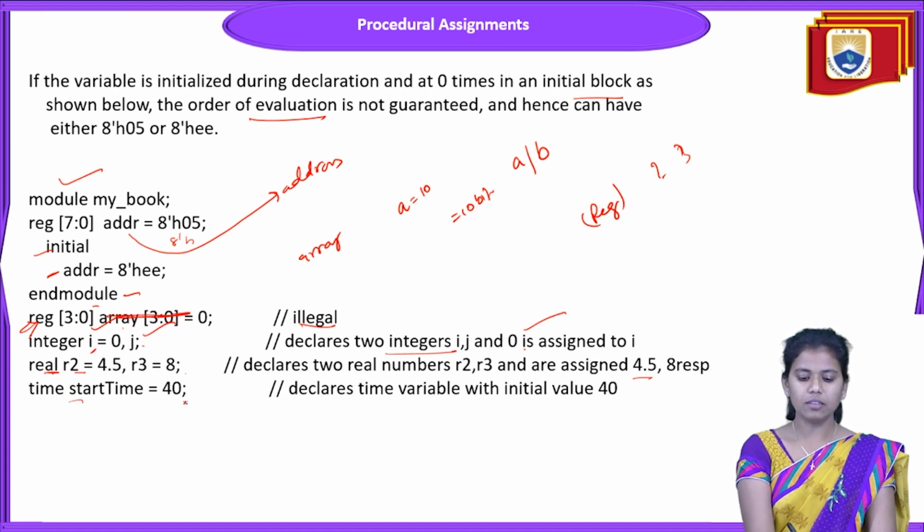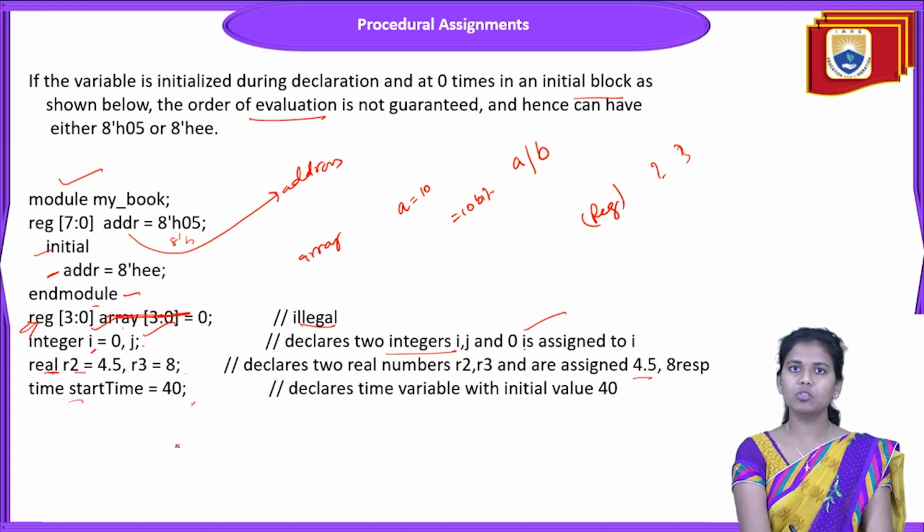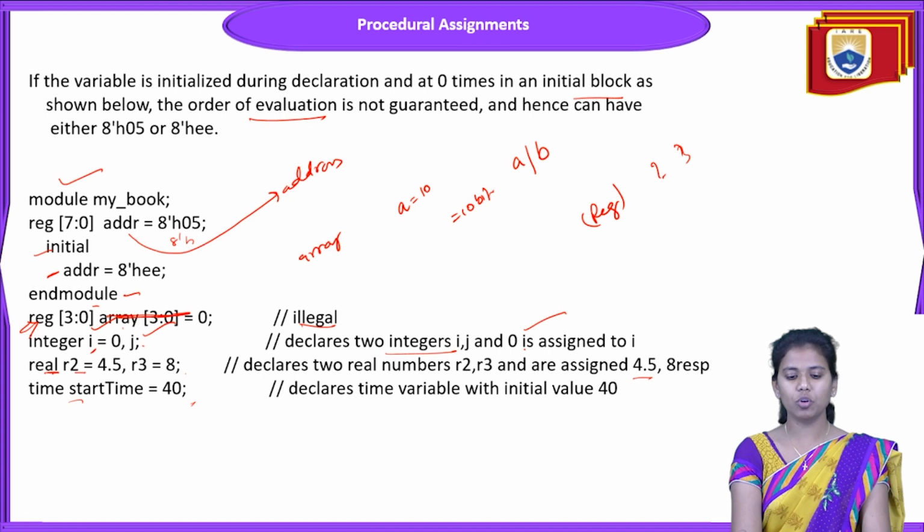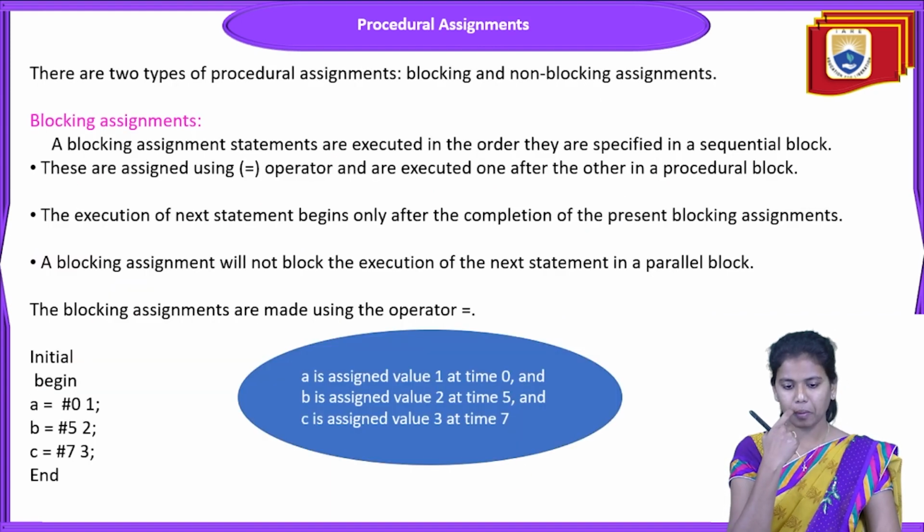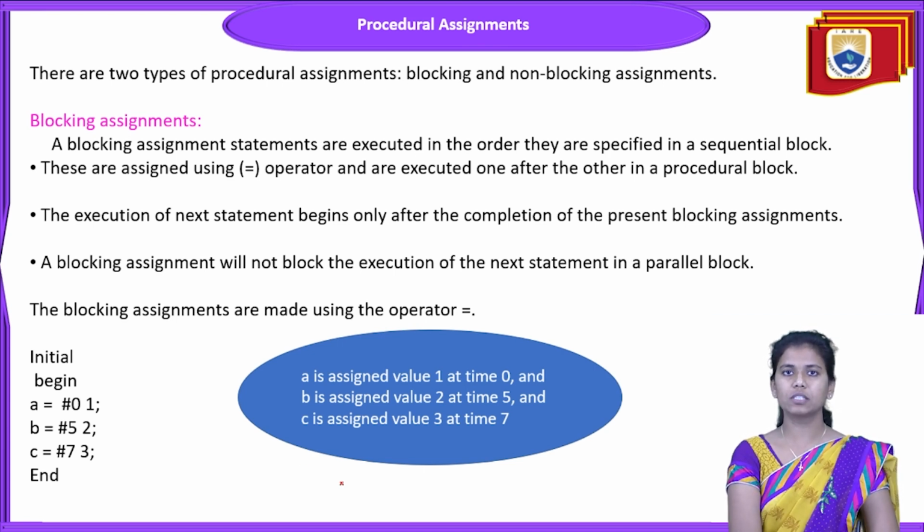And time start with the time of 40. Time is also one of the constraints that we can represent on the left hand side of the procedural assignment. So here we are declaring all the procedural assignments with respect to the values that we are assigning to the variables.